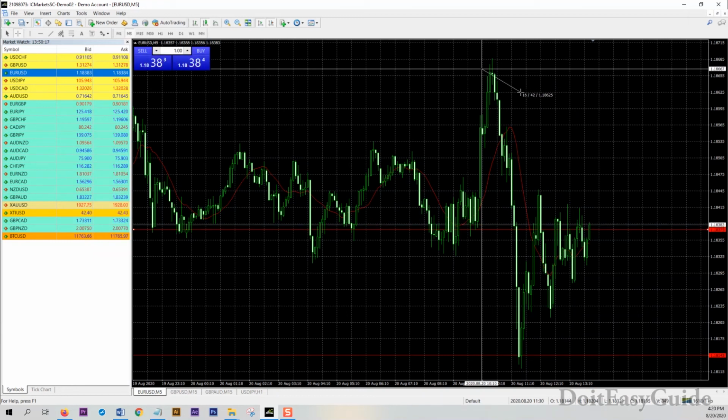This first value 16, 42, then the price 1.1862. If we come down, it says 22, 21 and 50. If I take the vertical, the first value becomes 0, right? Then 1, 2, 3. All right, now you get it, right?